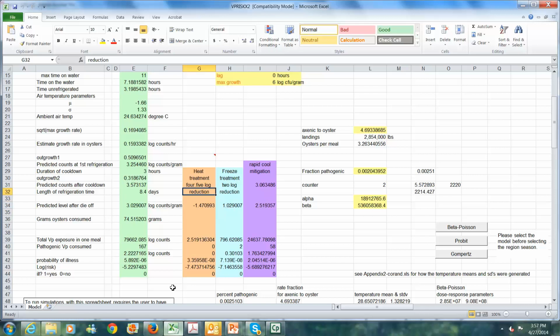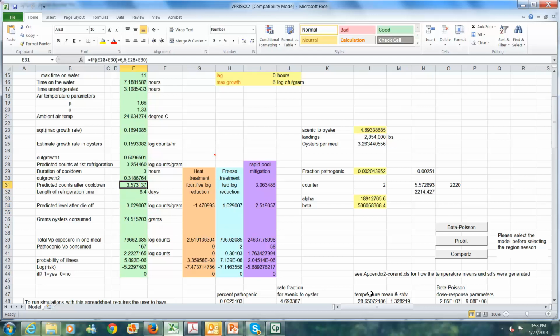Now, what we also did in this model was we said take these oysters here and let's subject them to a freeze treatment. And we would have a 2 log reduction. Excuse me. Actually, what I should be showing you, this was my mistake, but forgive me if I don't begin this video again. I should have been down here.